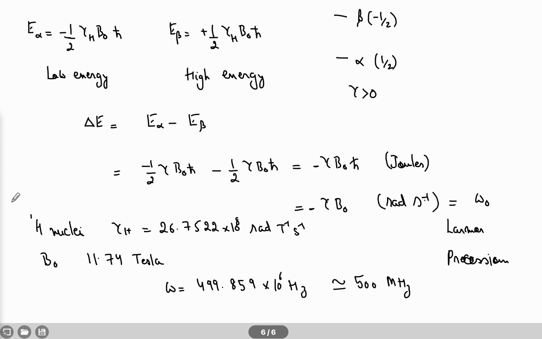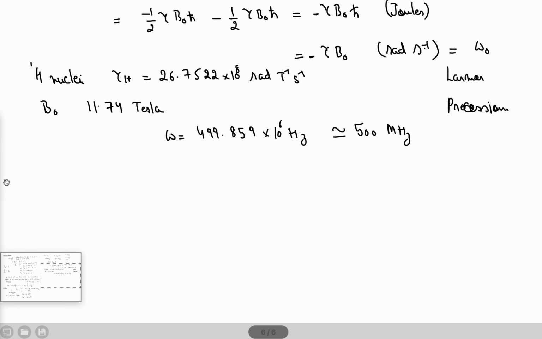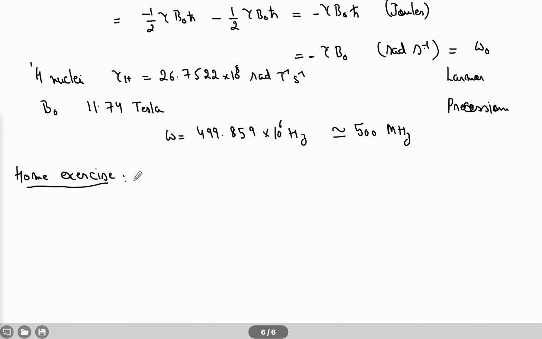So a little home exercise for you. Please try to do it so that you are aware of this calculation. Not that it is a very difficult one, it is a very simple calculation, but just so that you are aware of what the units are and what kind of numbers you are handling later on.